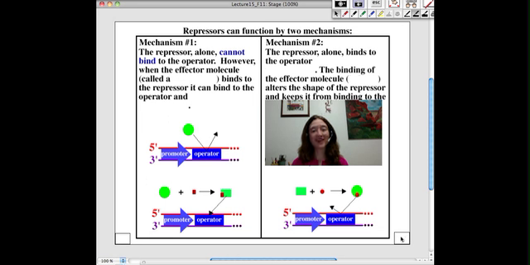So this is kind of confusing because in this case the effector molecule is enabling the repressor to repress. So we call it a co-repressor because of that. So the effector here is termed a co-repressor. It enables a repressor to repress. That's a mouthful, but it does enhance the ability of that repressor to block transcription.